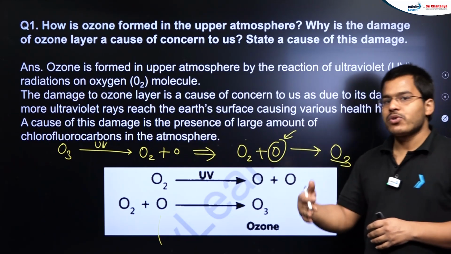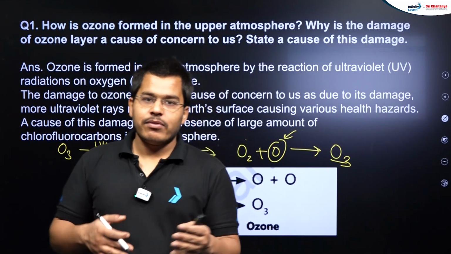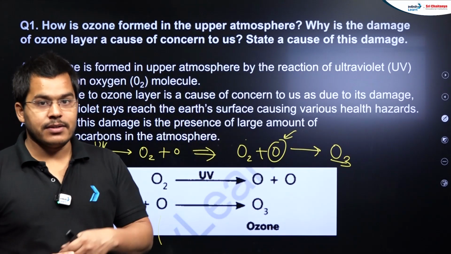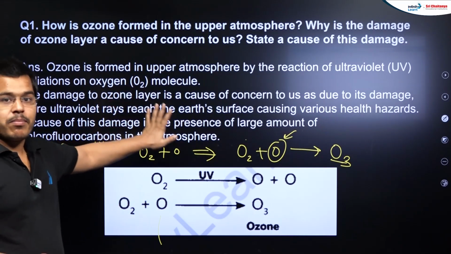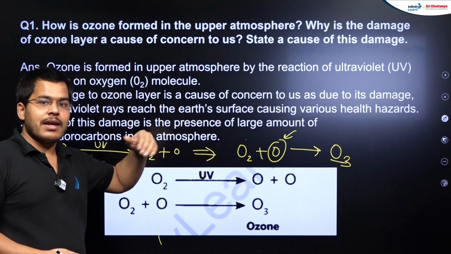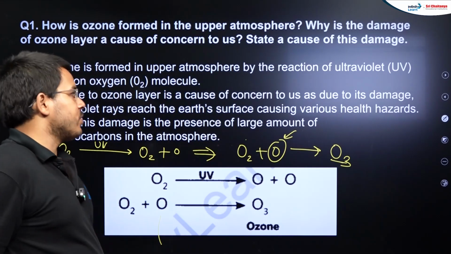In this way the formation of the ozone layer is hampered. This question on ozone is very important. Again and again it is coming in the examination, so be ready for this concept.